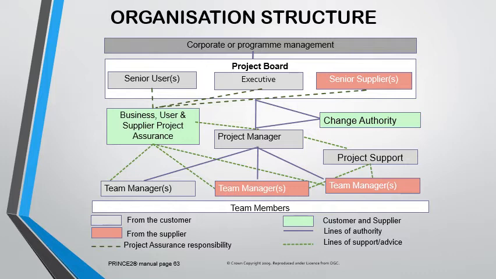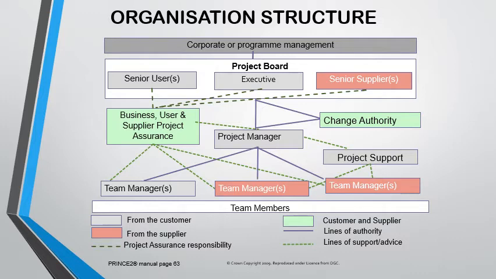And the next level of authority, we have the management level, where we have the project manager. And of course, we have the team managers that the project manager exerts their authority over. That's the delivery level. So you have the team managers right there at the bottom with the team members.